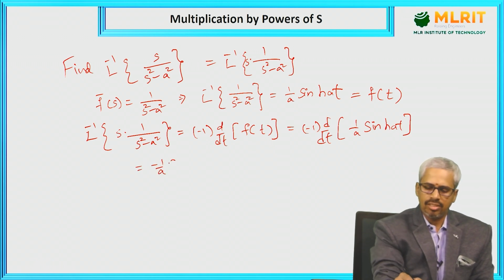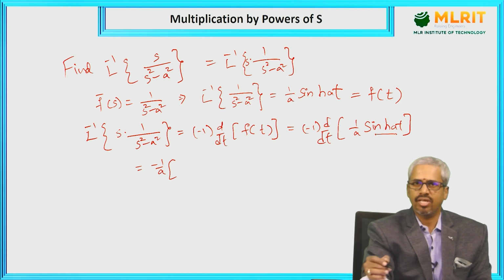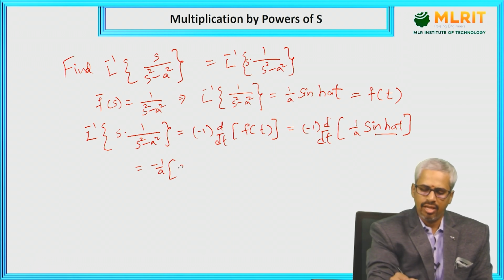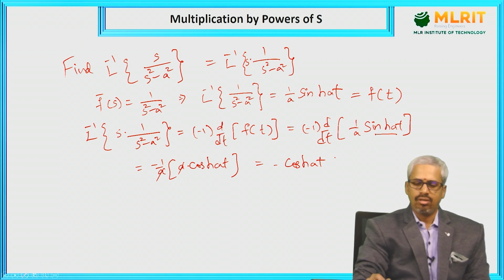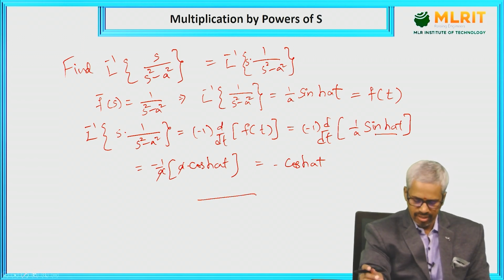Let us write 1 by a outside. Derivative of sin h a t is a into cos h a t. So, here a and a get cancelled, this is cos h a t, right. So, this is how we find the L inverse of functions which have powers of s.